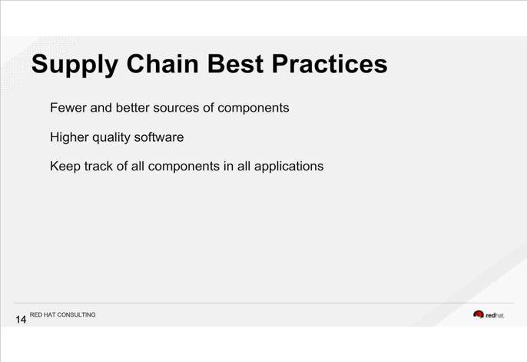Sorry about that, I jumped a slide. So supply chain best practices. First bullet there is fewer, better sources of components and higher quality software. What I mean by those 2 points is that you don't want to use 10 different logging frameworks in your Java applications. You want to use 1 or 2.